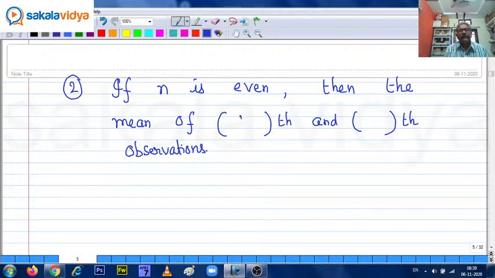If n is even, it is the n by 2th and n plus 2 by 2th observations.